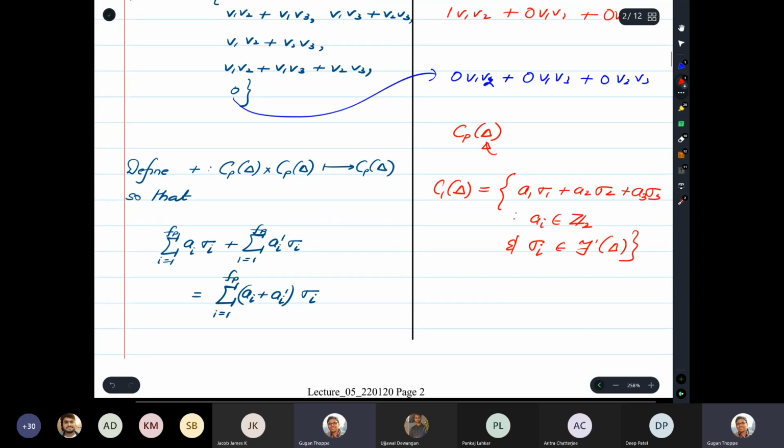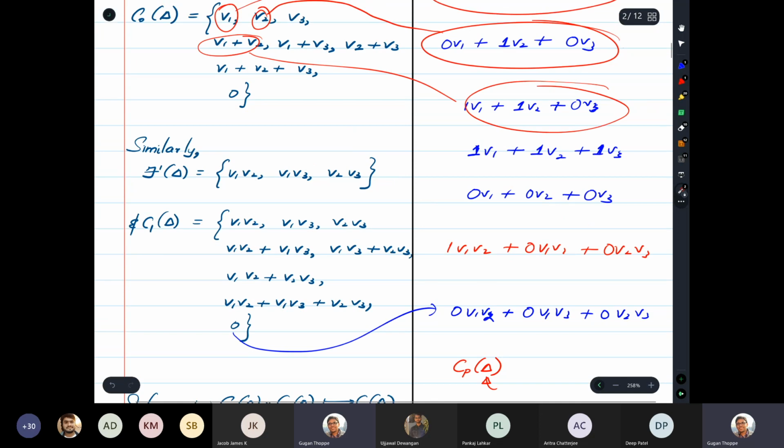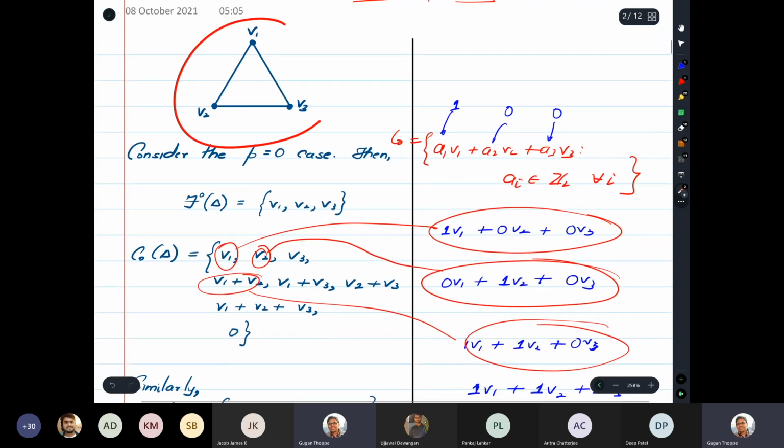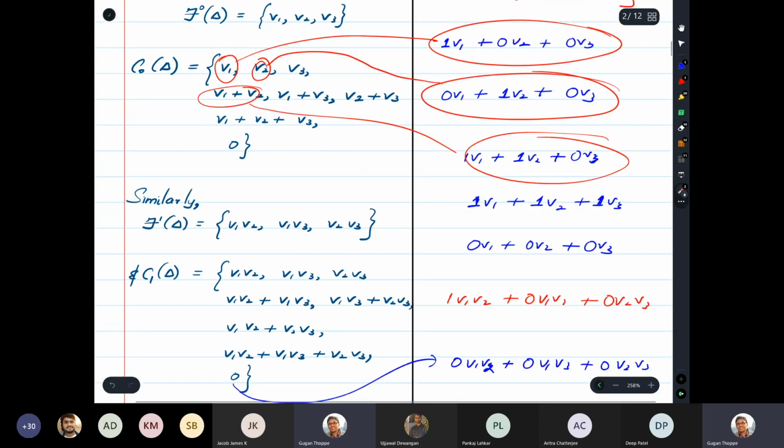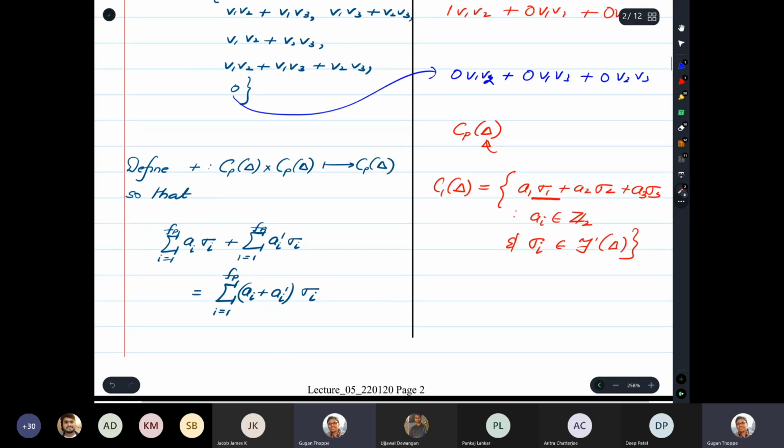You may ask why I have only written sigma 1, sigma 2, sigma 3. The reason is that the example we are considering only has 3 one-dimensional faces. So we can let sigma 1 be V1, V2, sigma 2 be V1, V3, and sigma 3 be V2, V3.